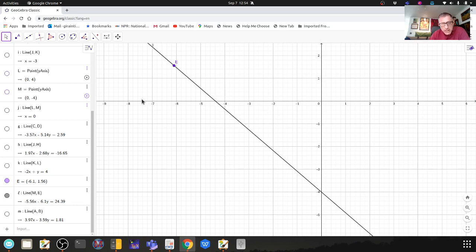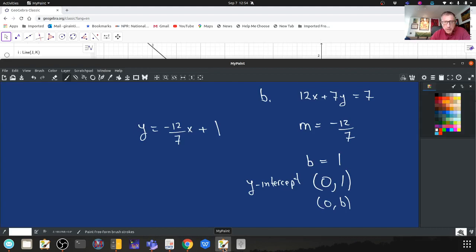So notice at any crossing point on the x-axis, the y value is 0. So every x-intercept is an ordered pair of the form some number c, comma 0. So let's go back over to here.